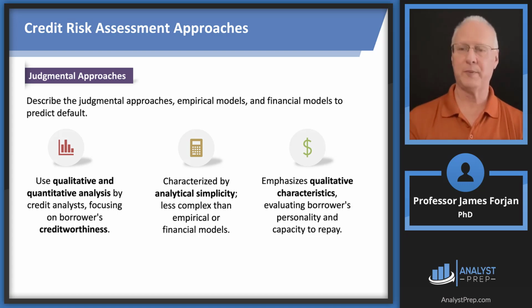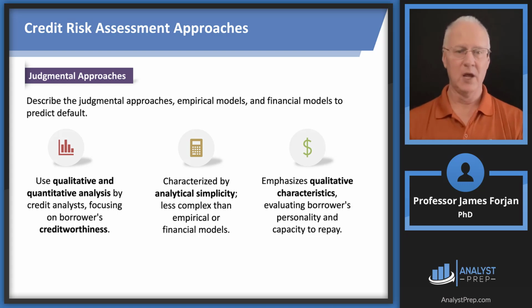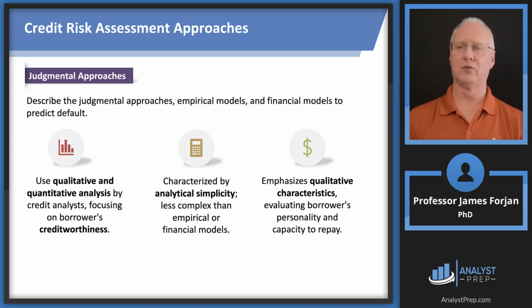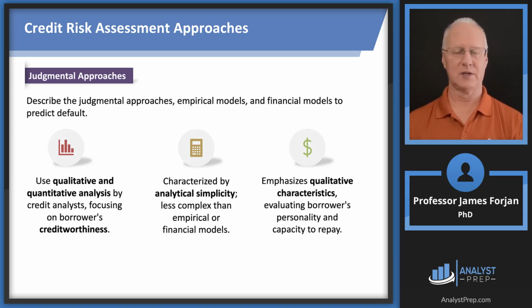So we're going to use this experience, use our judgment. That doesn't mean that we're going to ignore things like a statistical model. It doesn't mean we're going to ignore things like value at risk. No, of course, we're going to use a combination of qualitative and quantitative analysis, and we're going to focus on the credit analysis that we perform on each of these individual borrowers.